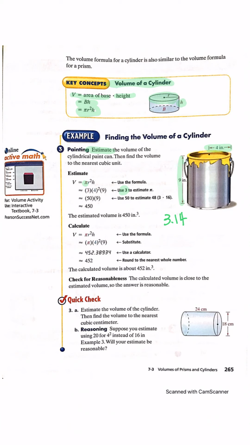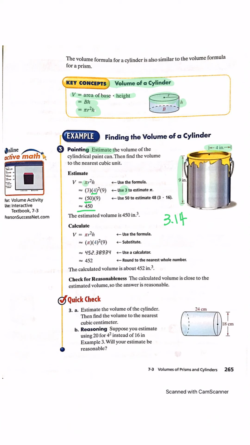So 3 times 4 squared times 9. 4 squared means 4 times 4, and that equals 16. 16 times 3 is going to equal 48. And so they went ahead and rounded it up to 50, and did 50 times 9 is about 450.